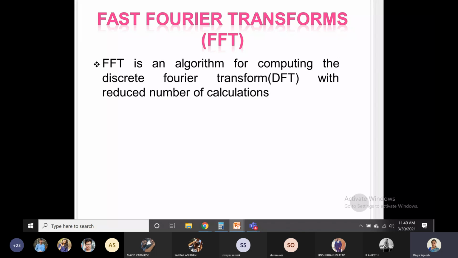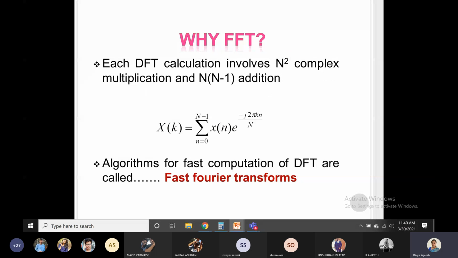How does it make it faster? By reducing the number of steps required for obtaining the DFT. So the FFT algorithm is used for computing the DFT with a reduced number of calculations.